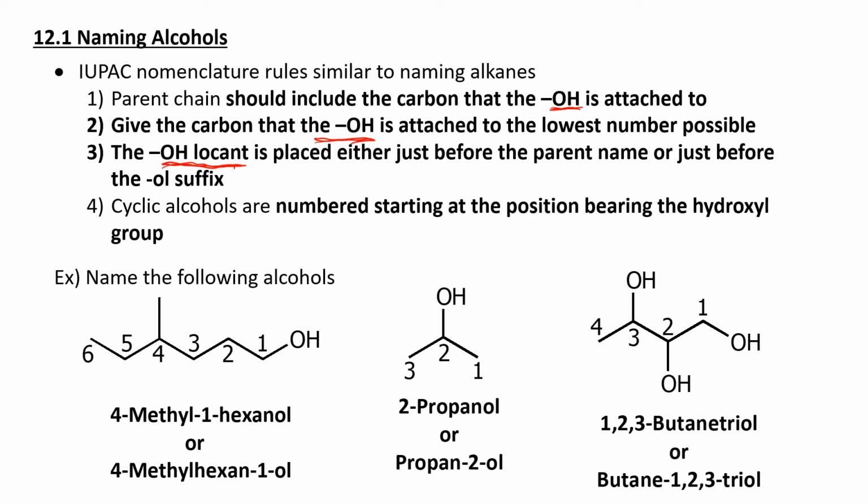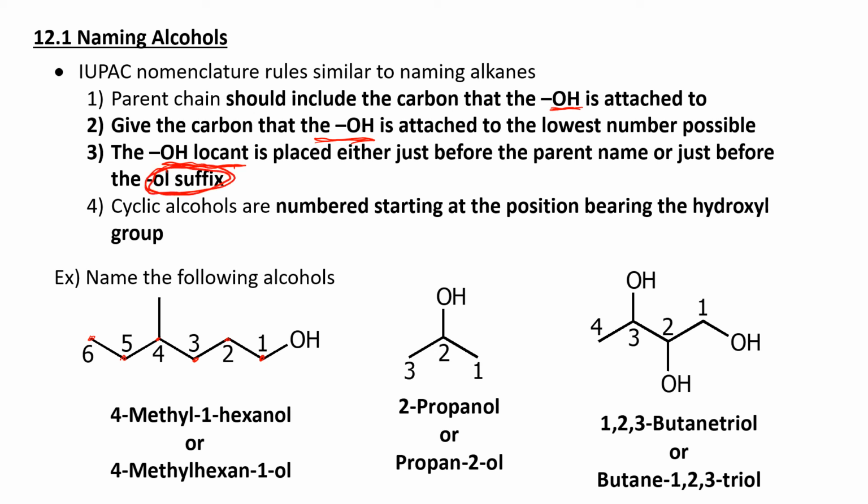All right, let's look at a few examples. With our first molecule, our longest carbon chain looks like 1, 2, 3, 4, 5, 6. So we have an OH group, a hydroxyl on the 1 position, and we've got a methyl on the 4. Now remember, our alcohol is going to get an -ol suffix.